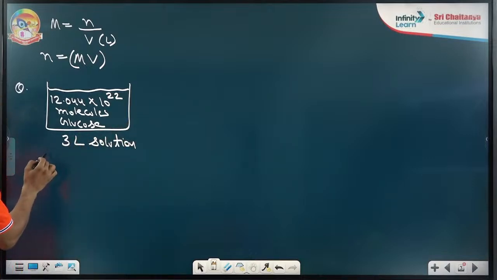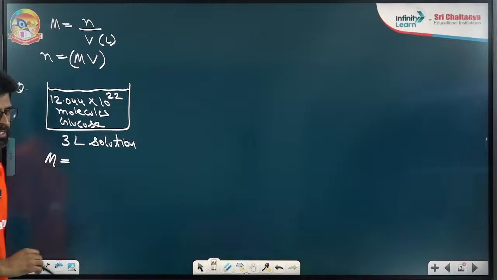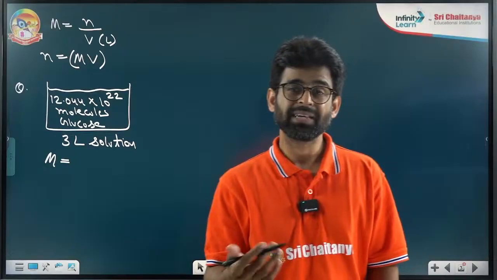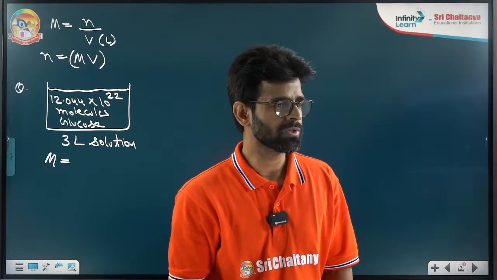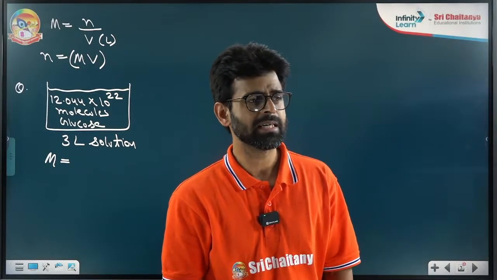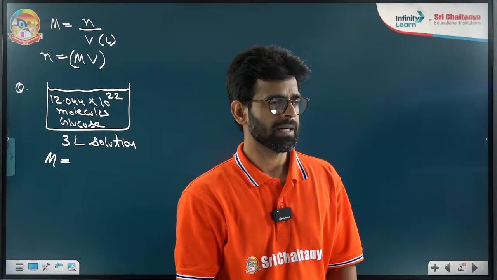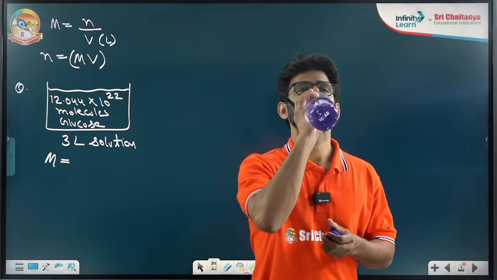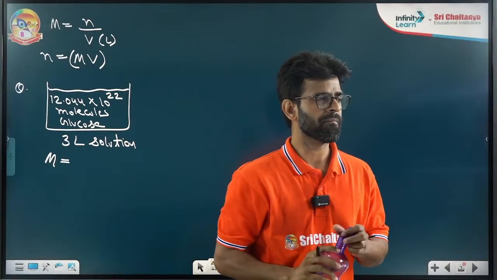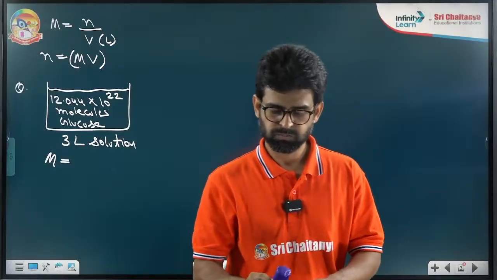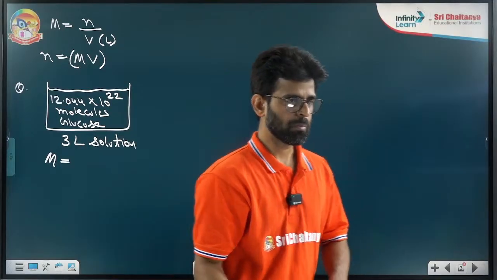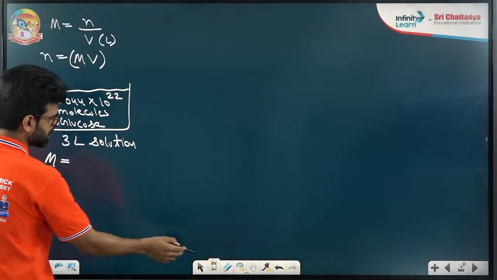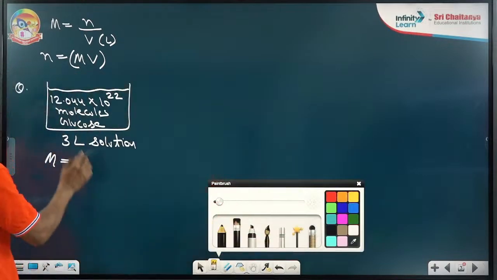Give me a very simple thing again. Tell me the molarity of the solution. What is the molarity of solution? In this case, instead of giving the weight, they gave me molecules. So from molecules also I can find easily the number of moles. Give me the answer fast. So from here, first of all get the moles.